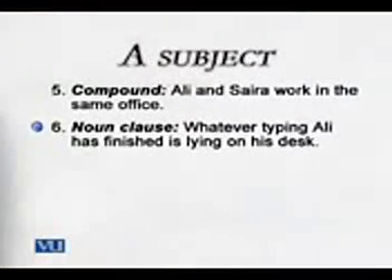Subject can be in the form of noun clause. Whatever typing Ali has finished is lying on the table. Now, take a look. Whatever typing Ali has finished is on the table. In this sentence, starting from whatever typing Ali has finished, this is your subject. We call it noun clause.